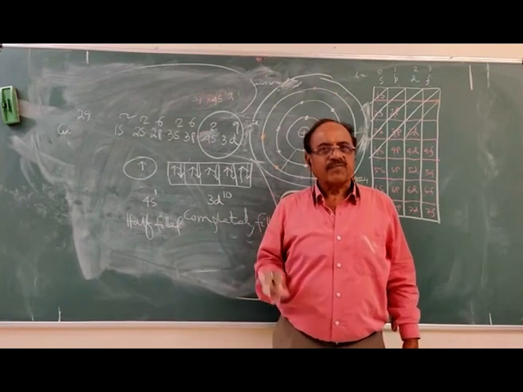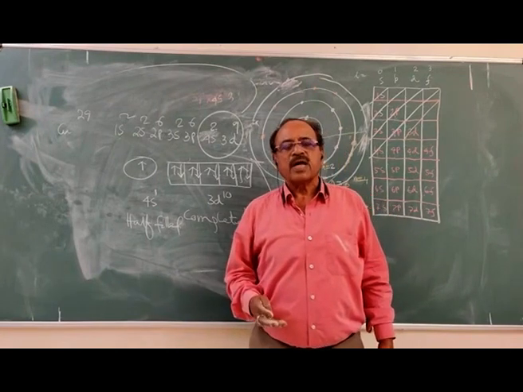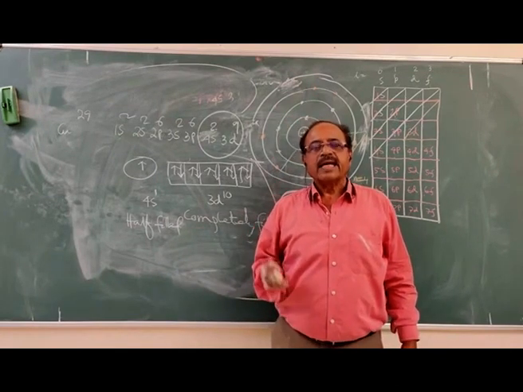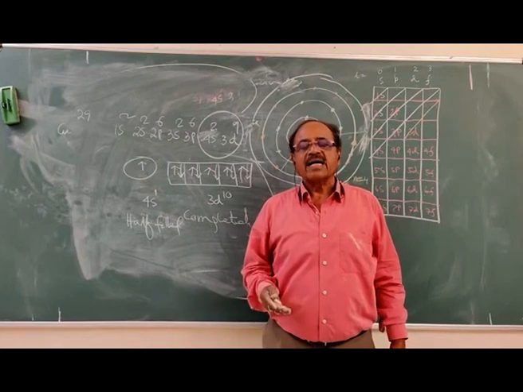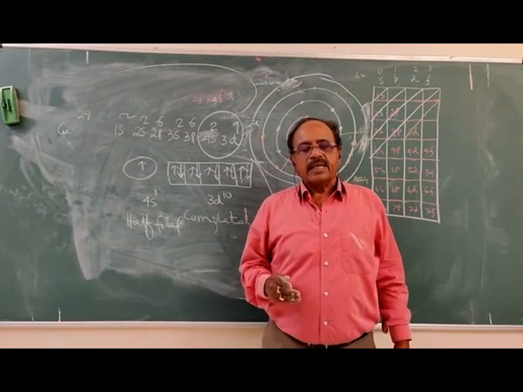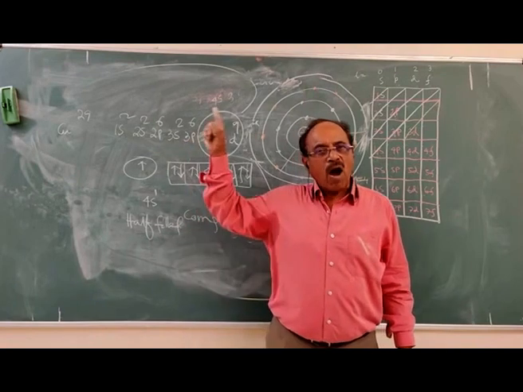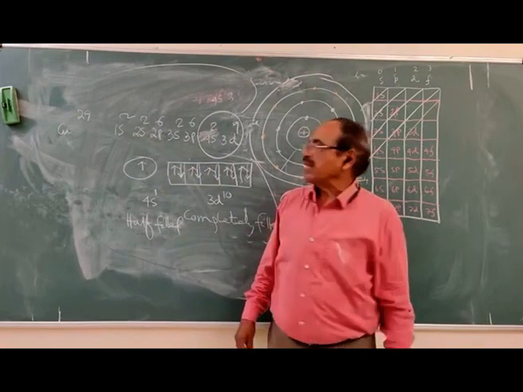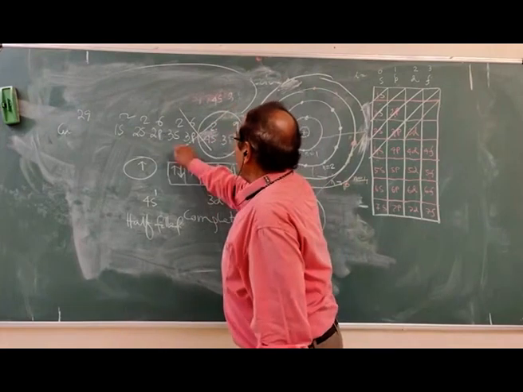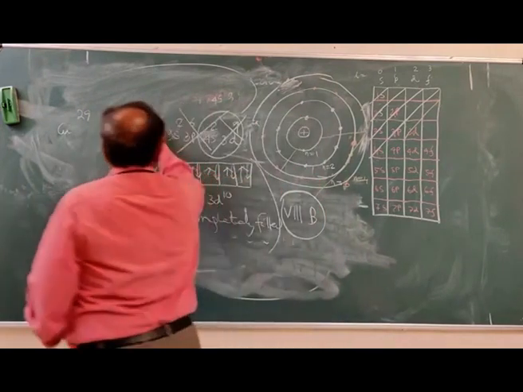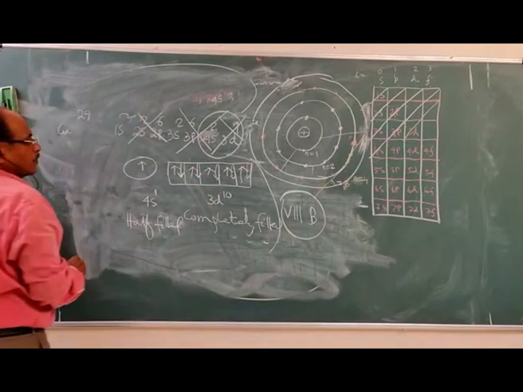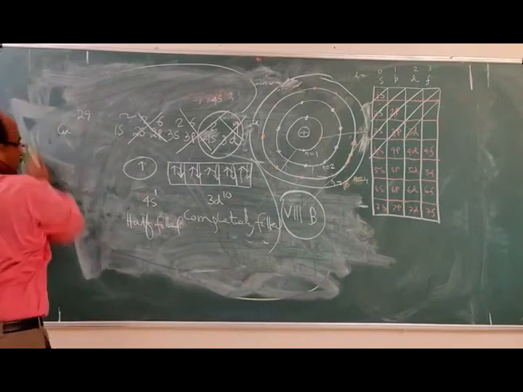If alternate configurations are available, then an atom will have a completely filled or half-filled orbital configuration in lieu of all other configurations available. So this configuration of copper is wrong, and the copper configuration will be 4s1 3d10.